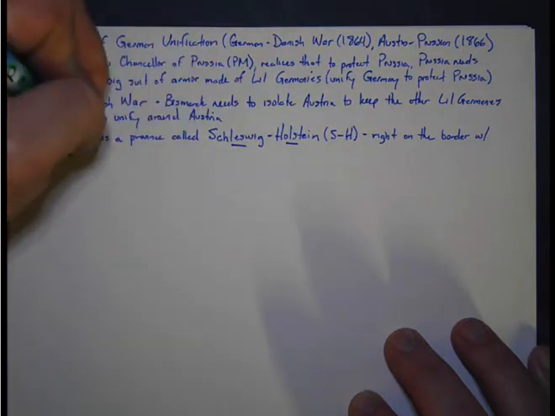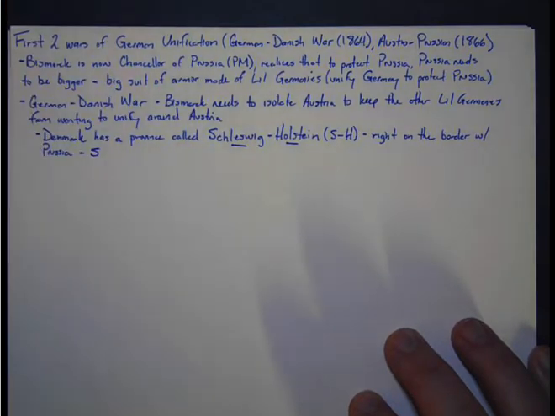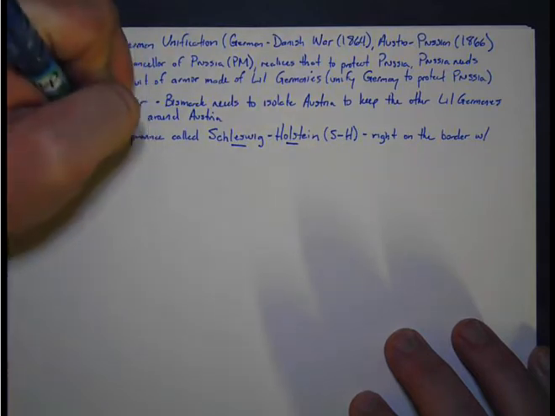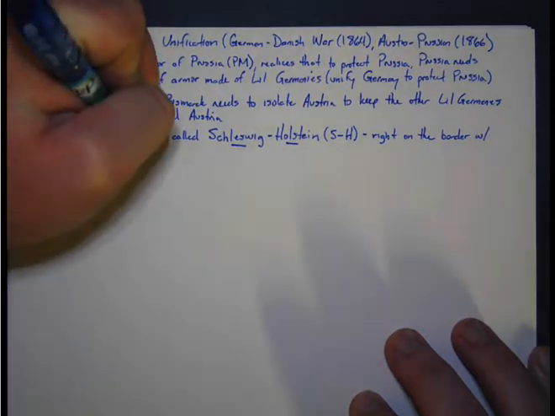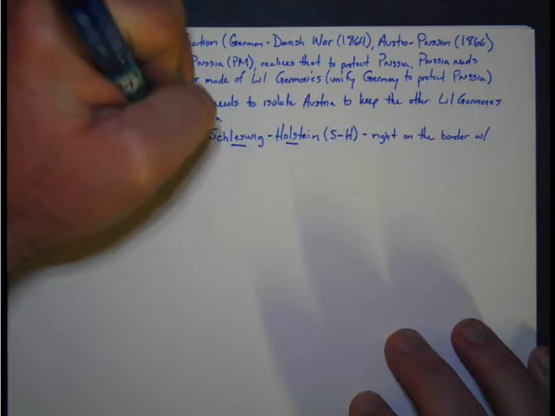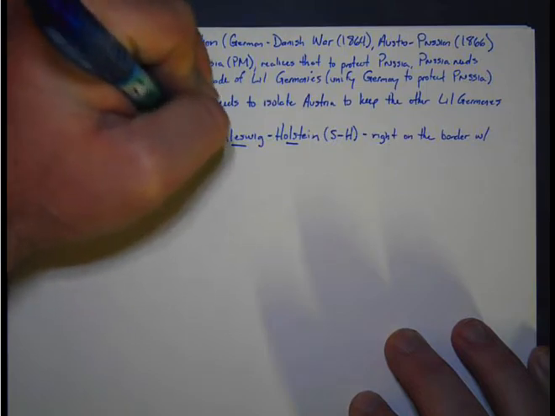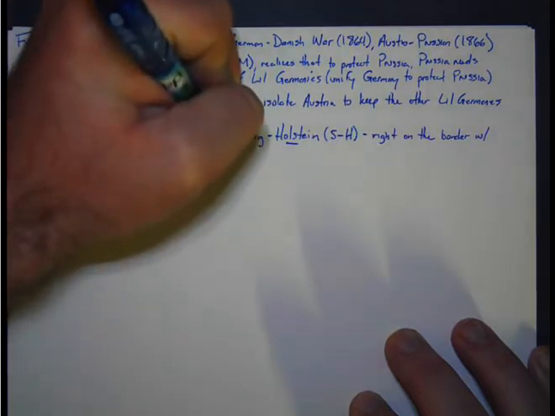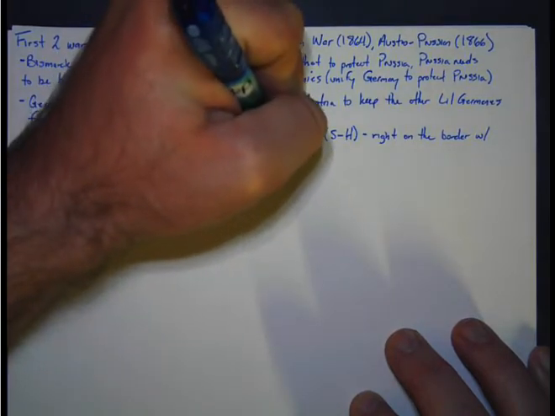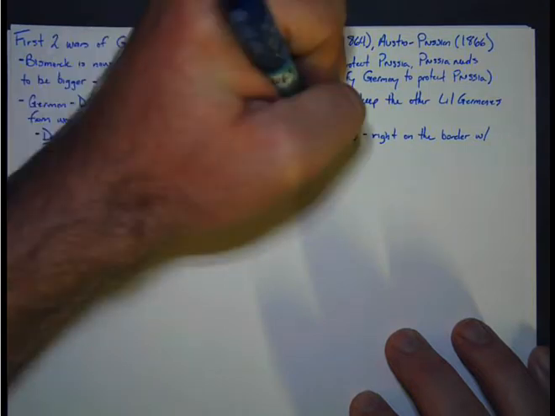The northern part, Schleswig, was mostly Danish, and Holstein was mostly German.